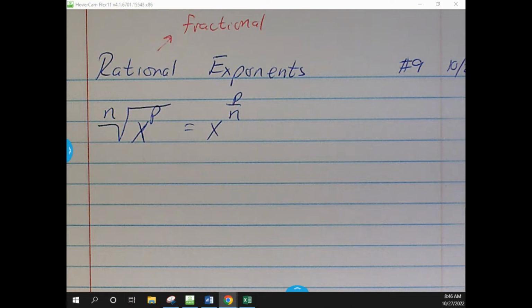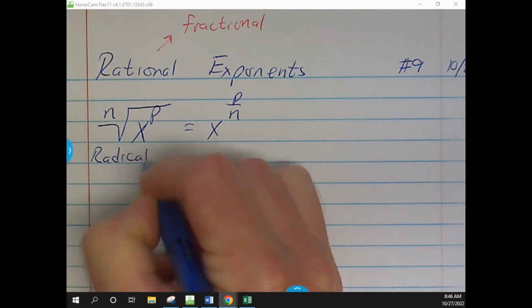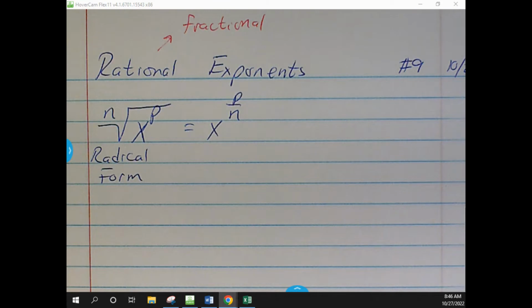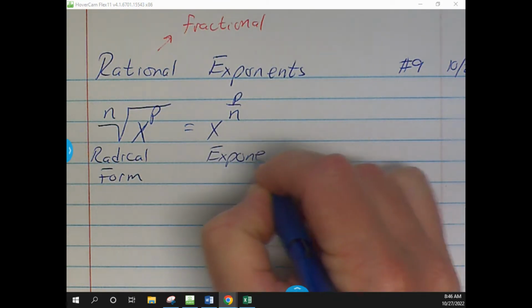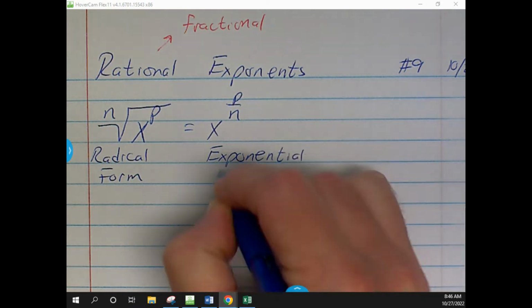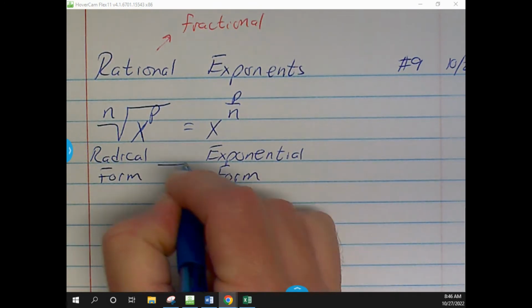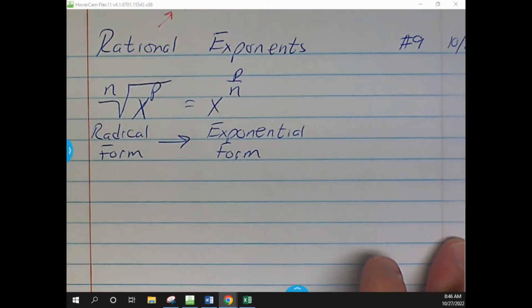So that's what they're talking about: if we've got something in radical form and we need to change it and put it in rational or exponential form, that's what it would look like. And again, we've already been doing that.